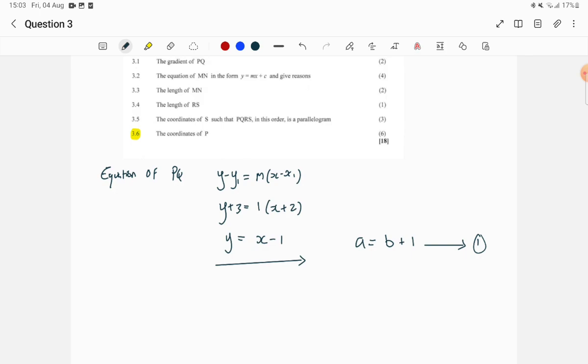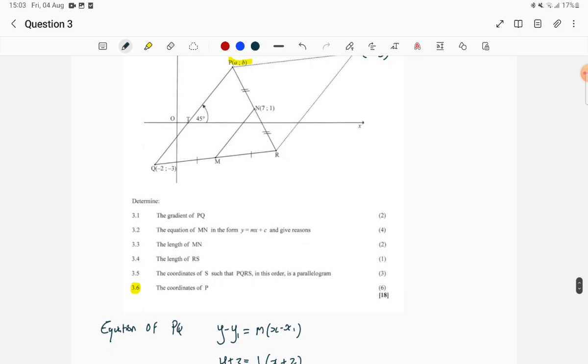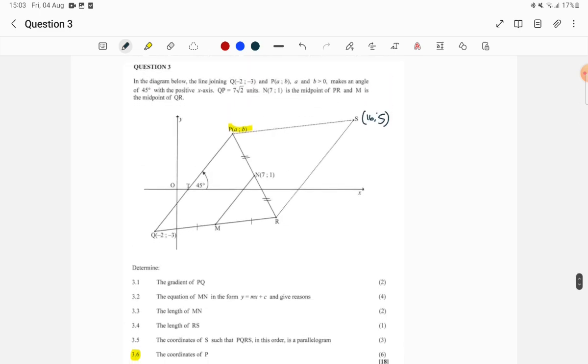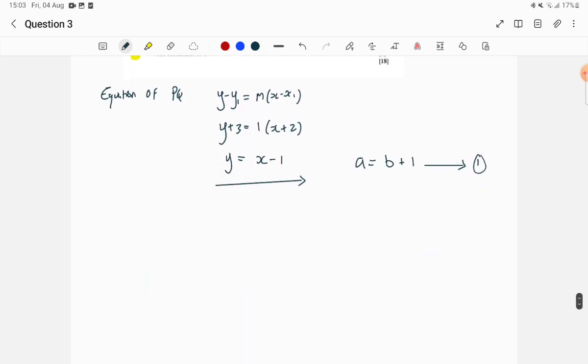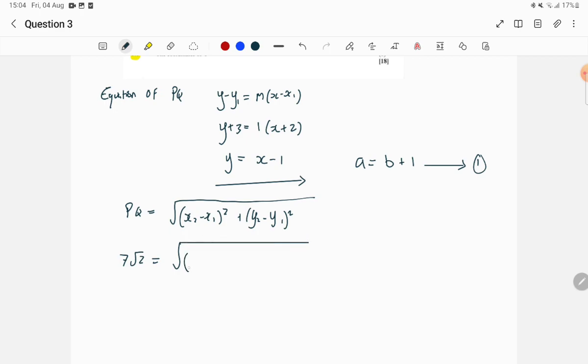And what we can then do from there is use the distance of QP that we were given, so we can use the other equation and get a and b from our distance formula. This is one way to do it. So here PQ squared, and this helps us because we know the distance is 7√2, and here we can put our coordinates.